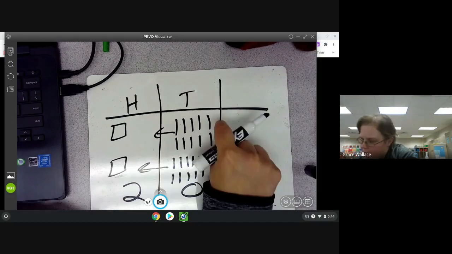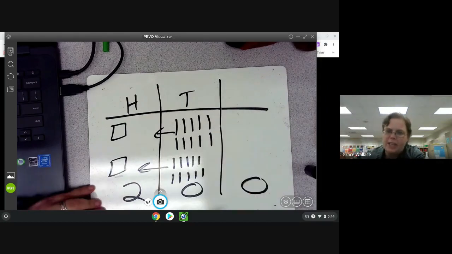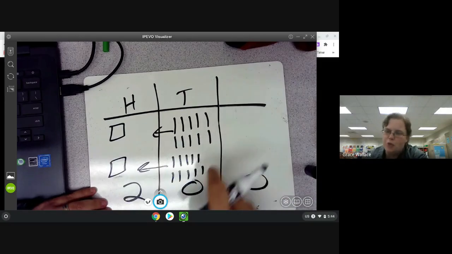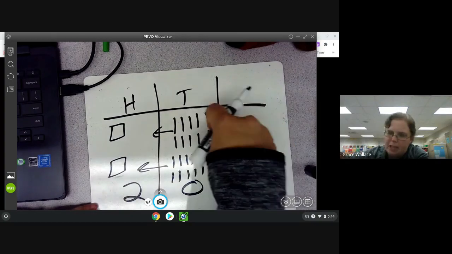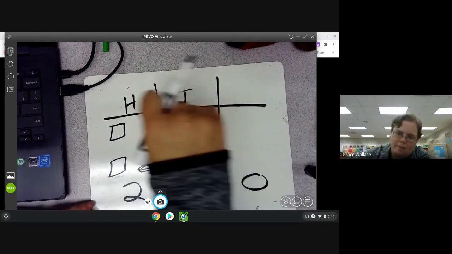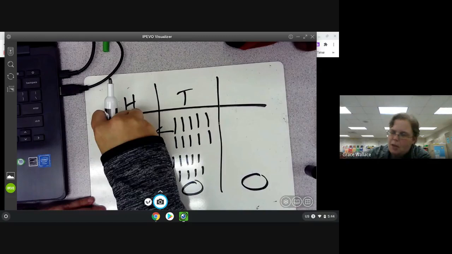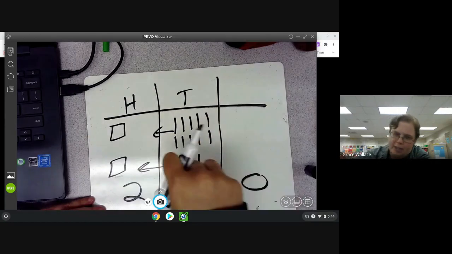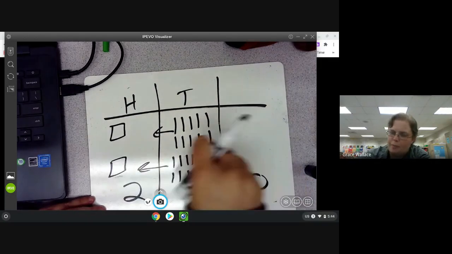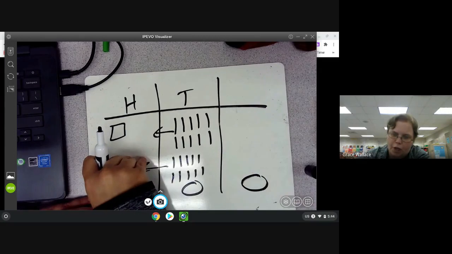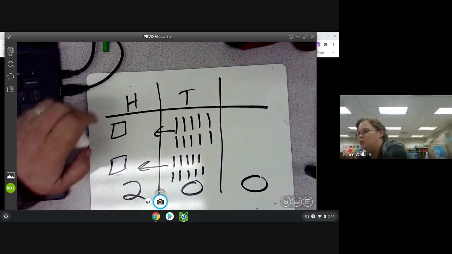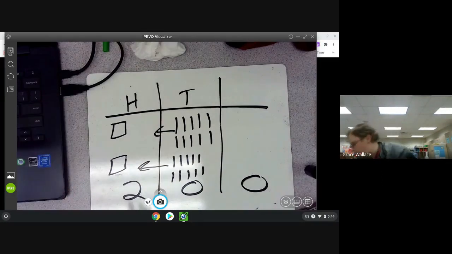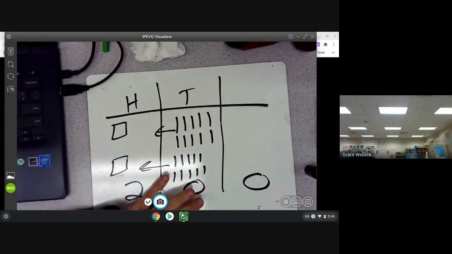So if I count these up, I have 10, 20. I have 20 tens. And then if I went all the way over here, I have 200 ones, because if 10 ones make a 10, then 100 ones make 100. Which means I have 2 hundreds, 20 tens, and 200 ones.